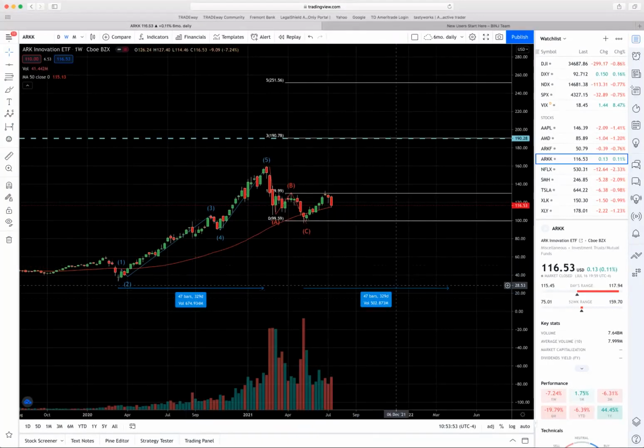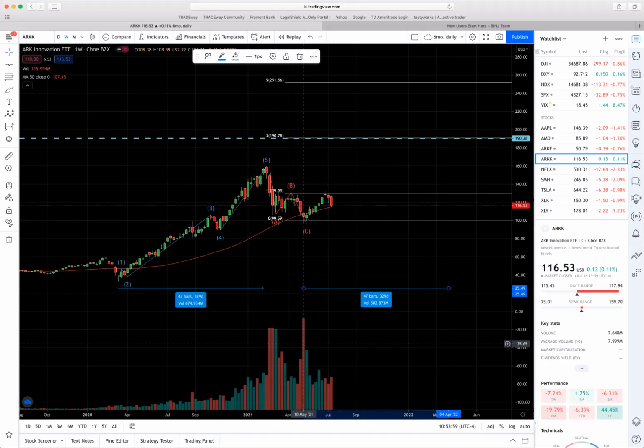So if we look at it from a symmetry standpoint, we are looking at a time frame of April of 2022. The last time it did its 5-wave cycle up and reached its peak from its low, that was 47 bars, 329 days.